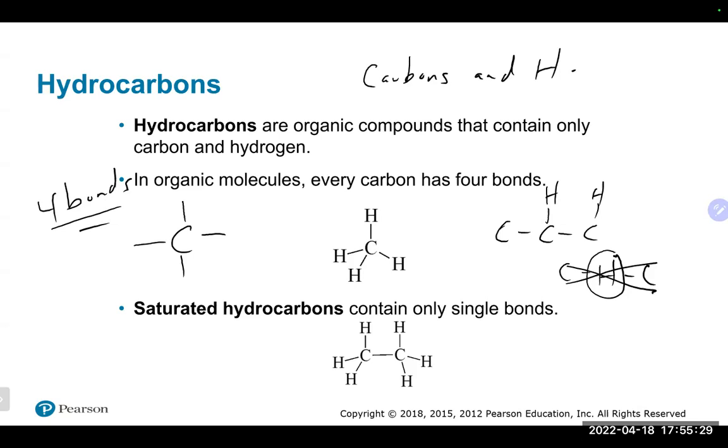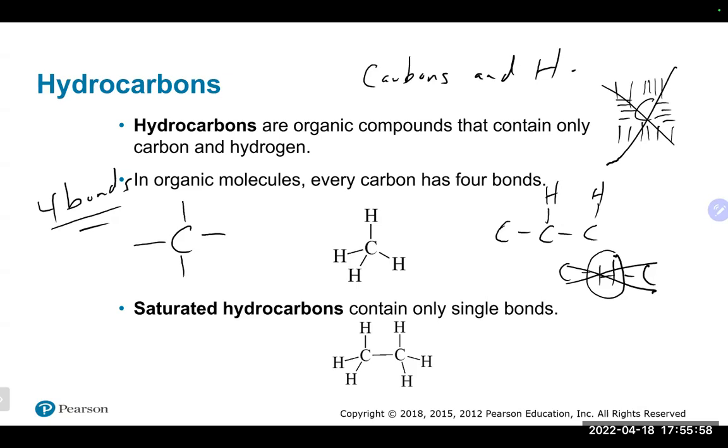By the way, it does not have more than 4 bonds, and you want to watch yourself, because when people start drawing these things, before you know it, there's like 4 million bonds to carbon, and they just keep on adding. So don't do that. Carbon should always get itself to 4 bonds in an organic compound, and never more than 4 bonds. Otherwise, it will definitely be wrong.